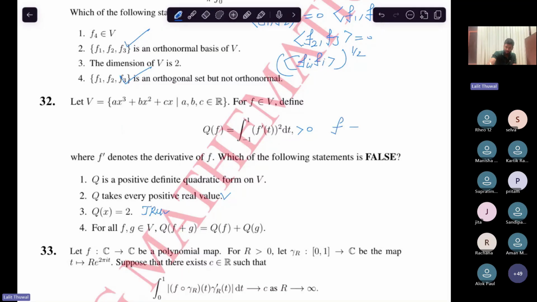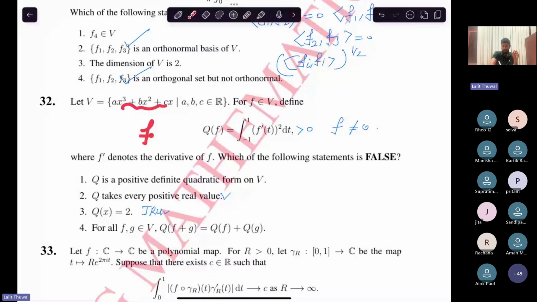Just use the concepts and theorems, and don't do the calculations, okay? Suppose that your f is non-zero, then it must be a non-constant polynomial, because we don't have a constant polynomial other than 0. Its derivative must be non-zero at some point.